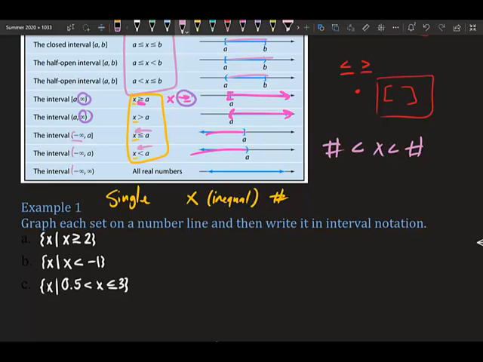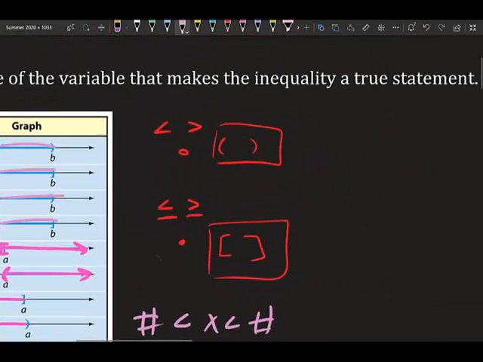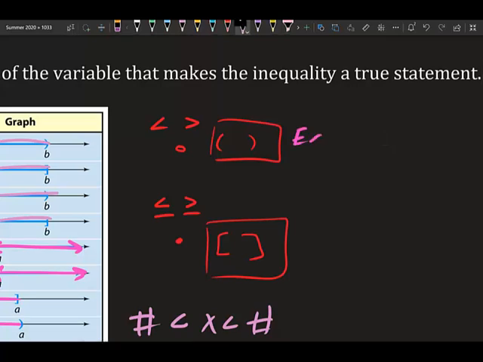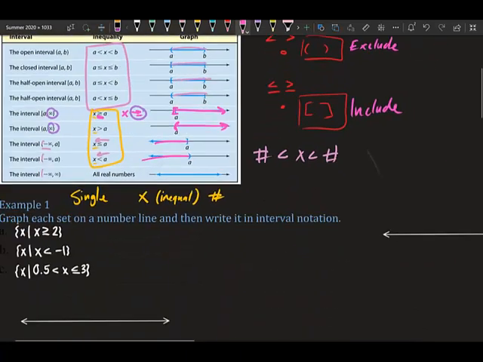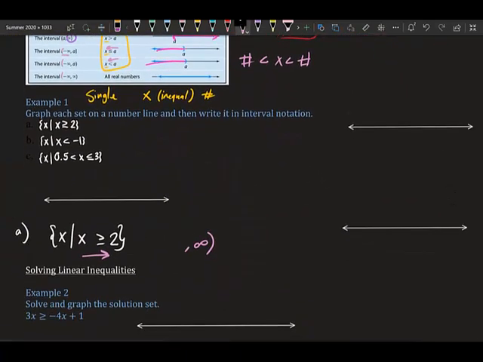That's what these symbols are stating. Parenthesis means exclude. Brackets mean include. So that is why parenthesis goes to infinity, because you can never include infinity. And when we have that single inequality, we just put the number with the infinity sign.